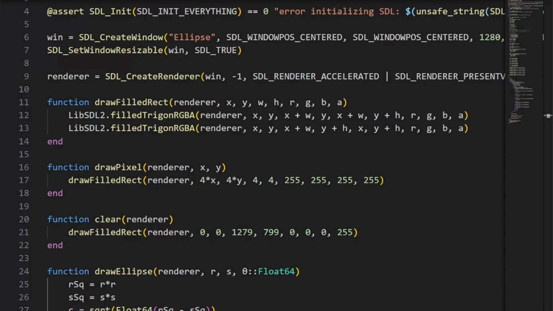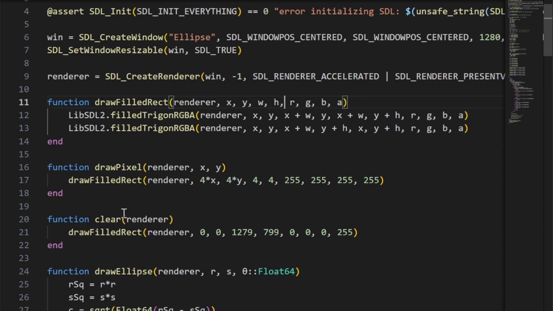Well, I've gone ahead and coded all this up, and let's take a look at it. The first thing that I did is I changed my filled rectangle routine. I realized that in order to draw a filled rectangle in SDL, it seems that you have to draw 2 triangles, what they call trigons. So I've gone ahead and made a draw filled rect routine that I can call, and I changed my draw pixel routine to call that.